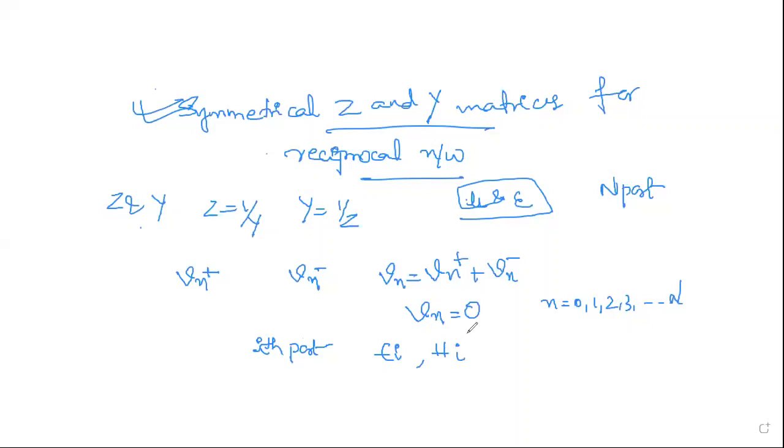I'll repeat it once again. You're considering the multi-port network or an n-port network. For a multi-port network, consider the amplitude of the incident wave as Vn plus, and the amplitude of the reflected wave as Vn minus. The total voltage Vn is nothing but the sum of the incident voltage plus your reflected voltage.